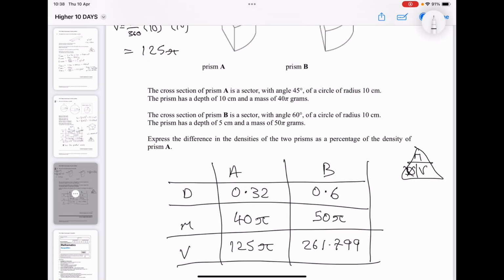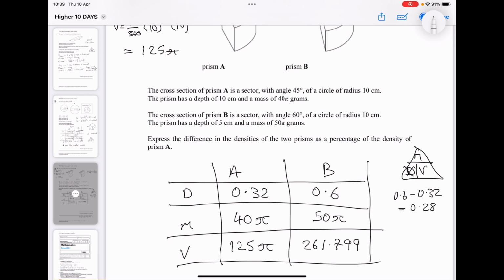Express the difference. Sorry, that just went off. So I think I've got to this point. It says express the difference in the densities of the two prisms as a percentage of the density of prism A. So the difference in the densities is 0.6 take away 0.32, which is 0.28.